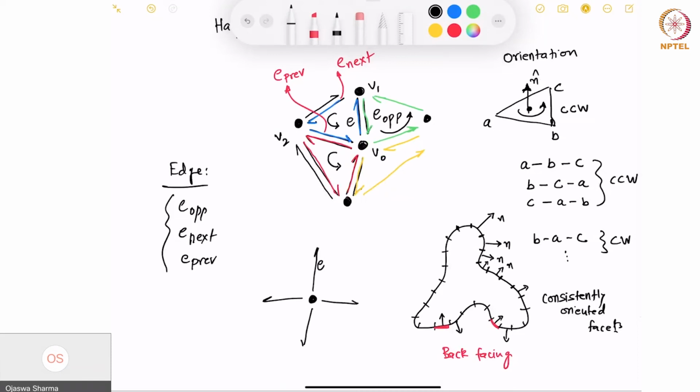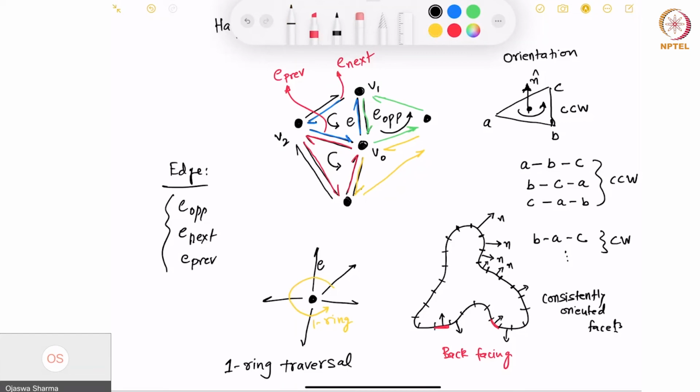And by the way, navigating around a vertex is known as one ring traversal. This is a ring, one ring. So it's known as a one ring traversal. So now you know that I can jump from edge to edge. How do I do this one ring traversal?